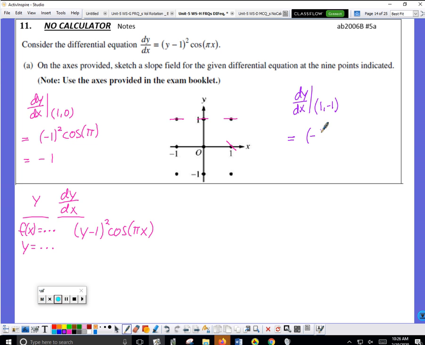This is going to be -1 minus 1 squared, cosine of 1 times pi. -2 squared is 4 times -1, so that's -4. That's a wicked slope. This is a slope of 2. Slope of 4 is not vertical, but it's very steep. Questions?